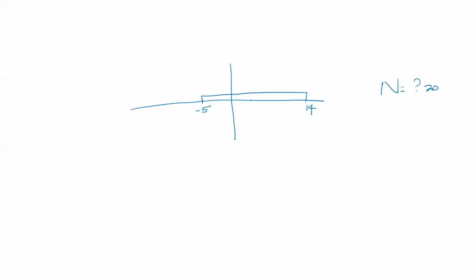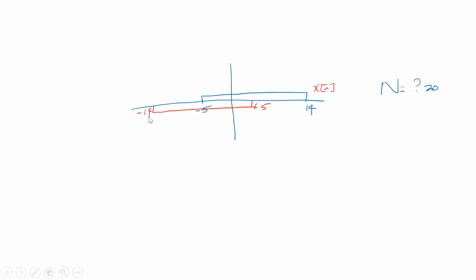So if I flip this around, this is X N. When I am finding the convolution, remember I have to flip it and slide it around, right? So it's going to run from +5 to -14, right? How many samples?